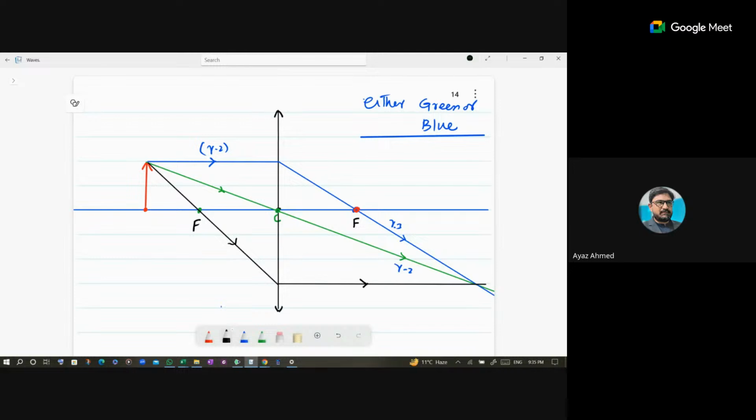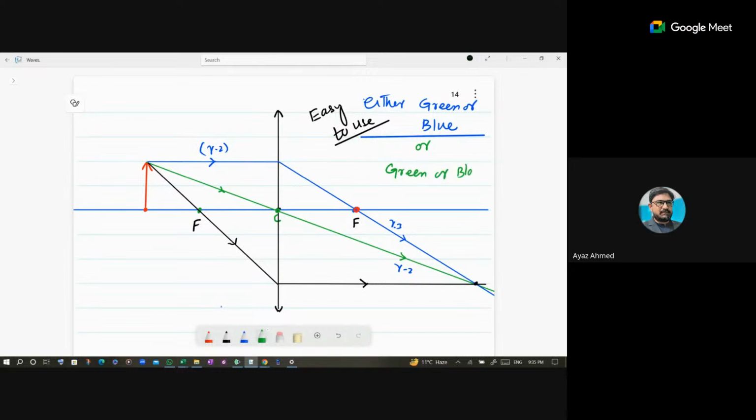You can use that, but sometimes the point of intersection gets problematic. We do not get the point of intersection at the same point. That's why it is easy to use these two. It is very easy, or you can say accurate, to draw an image through this. So either green or blue, or green or black.